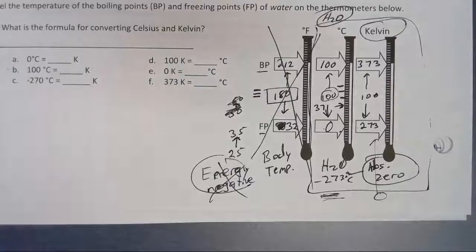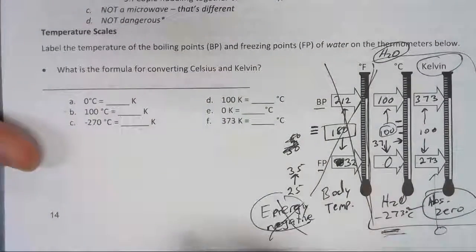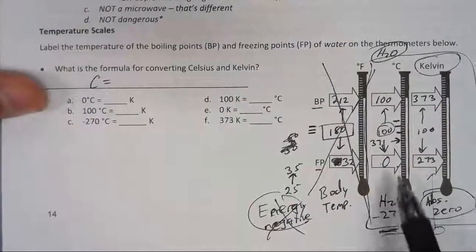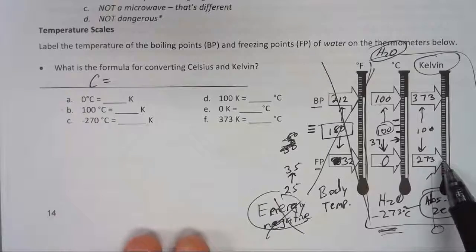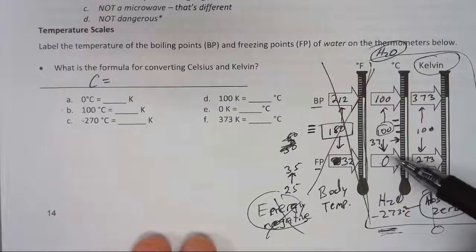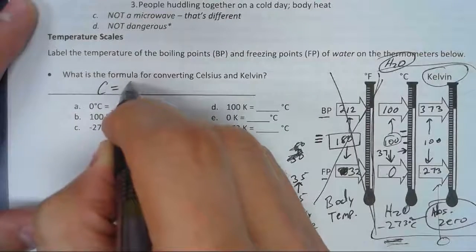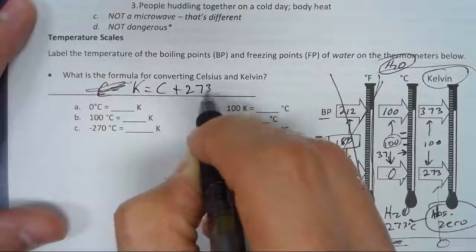All right, the only thing you really need to know is how to convert between Celsius and Kelvin. And the equation is super simple. You can see the difference between those two. It's the same scale. You just add 273 to go to Kelvin, or you subtract 273 to go to Celsius. That's it. So the equation is K equals C plus 273. All right.